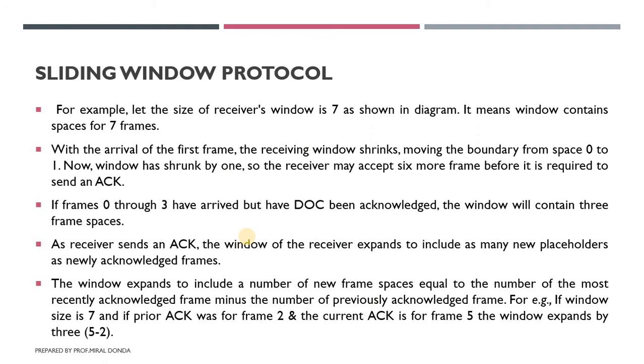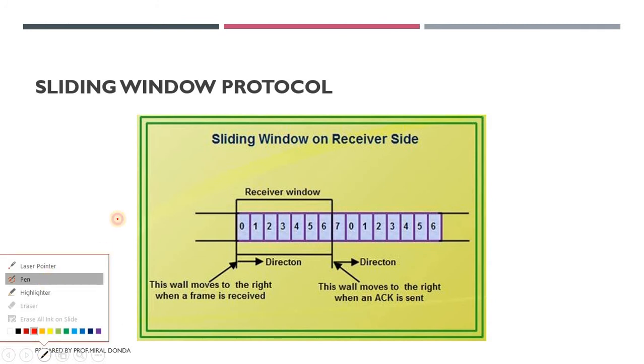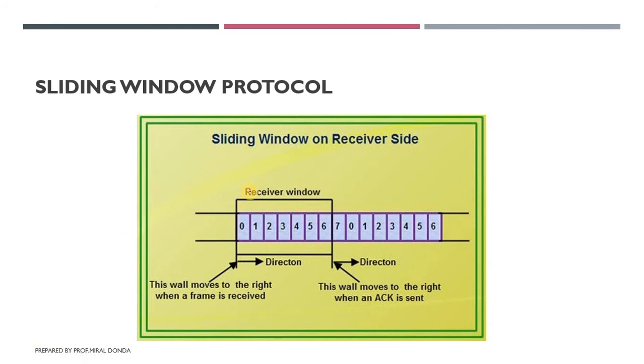With the arrival of the first frame, the receiver's window shrinks, moving the boundary from space 0 to 1. Now suppose it receives 1 frame, so this 0 position is occupied and the boundary is moved here. Now the window is 1, 2, 3, 4, 5, 6.